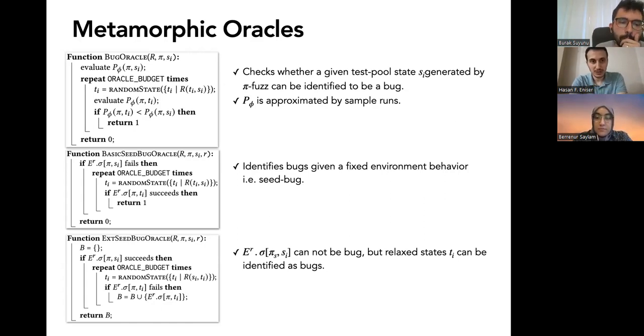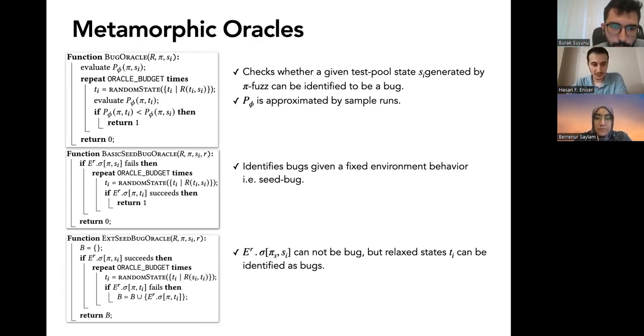In the bug oracle and the seed bug oracle, once I encounter a violation, if the inner if condition is satisfied, that means I found a bug. I found that S is a bug in the policy, so I don't need to go further.